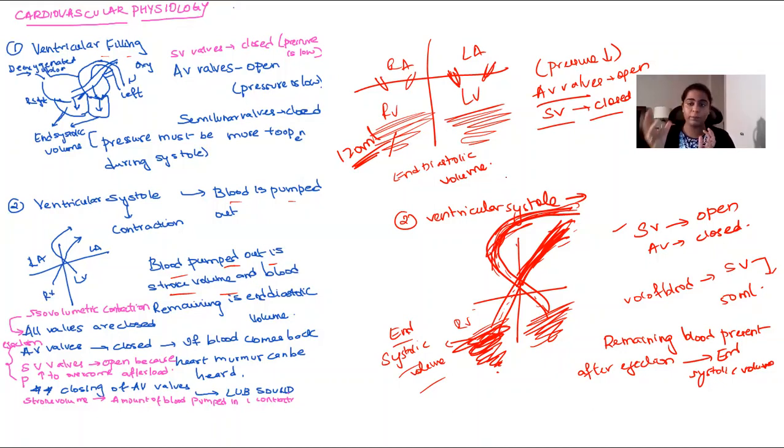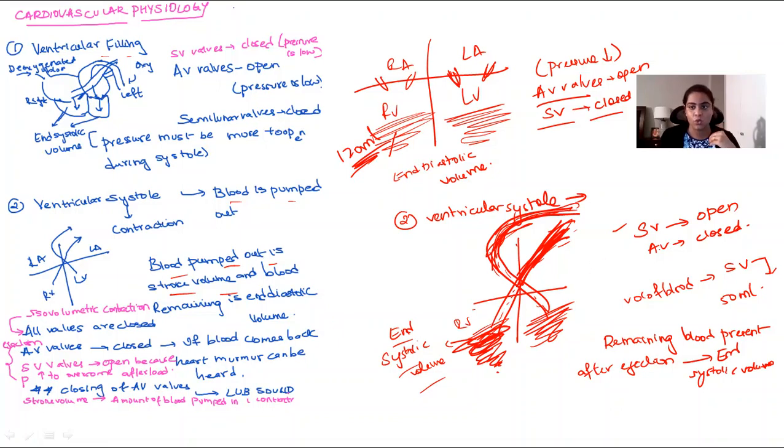The blood that is going to be pumped from the left ventricle to the aorta, and from the right ventricle through the pulmonary trunk, is not exactly everything; only a little bit is being pumped. The amount that remains is called end systolic volume, and the amount of blood that is pumped out is called stroke volume. Now remember something.